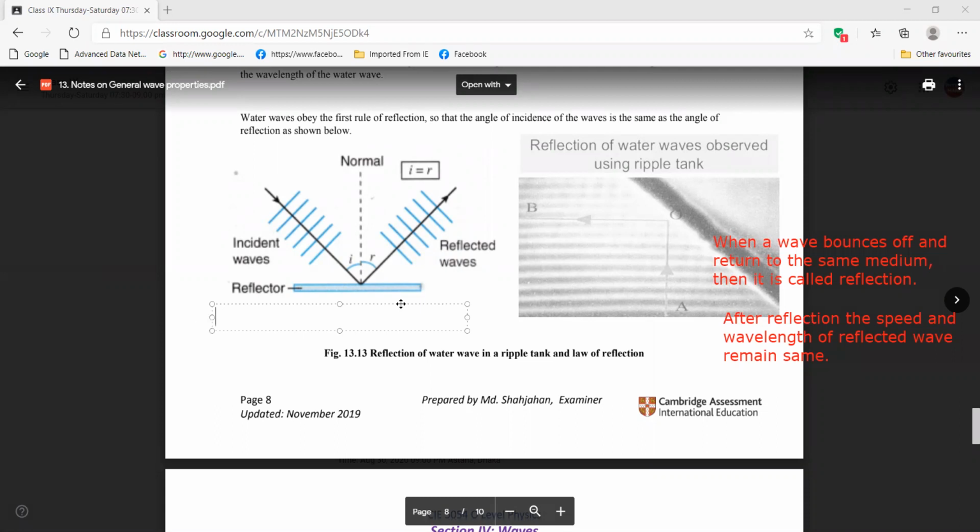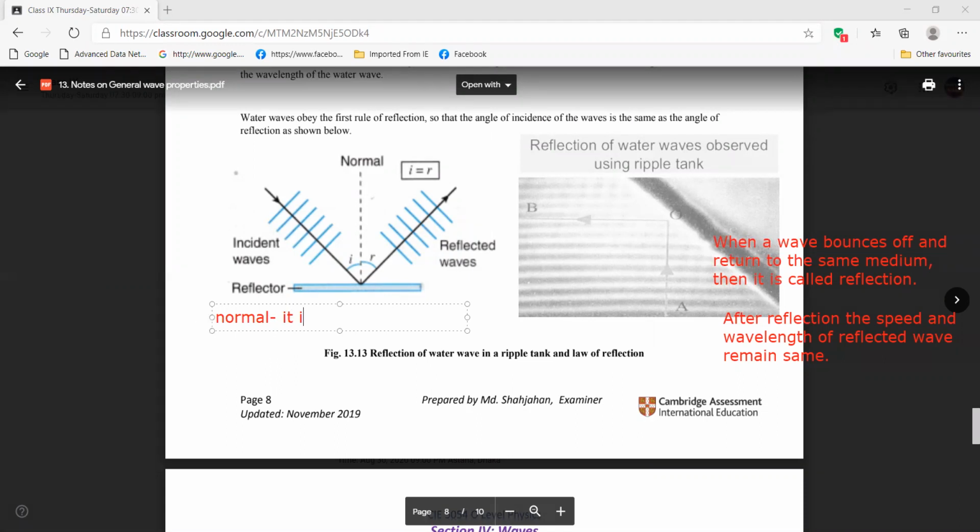So the normal, I'm writing the definition of what is called normal.